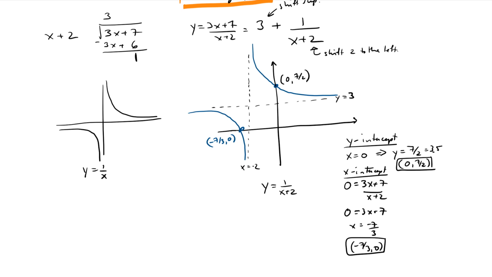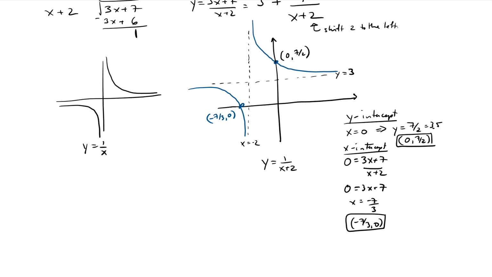Now finally, we're going to use our graph to analyze the long-term behavior, or the end behavior, of our function. So what happens when x goes to infinity? When x goes to infinity, what happens to y? We need to look at the end behavior. When x is large, y is going to get closer and closer to my horizontal asymptote, y equals 3.